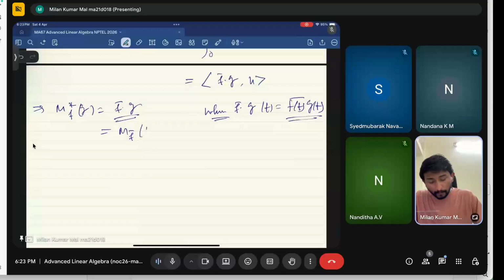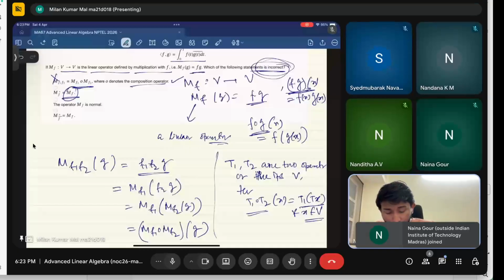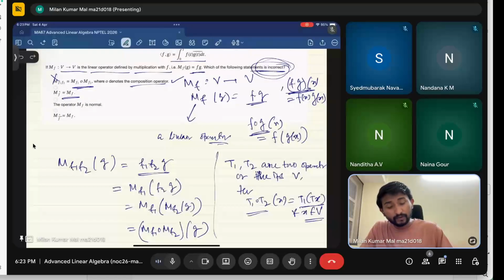Okay, and the operator is normal, so we can check what is meant by normal. An operator T from V to V on an inner product space V is normal if, sorry, not if, this is the definition.